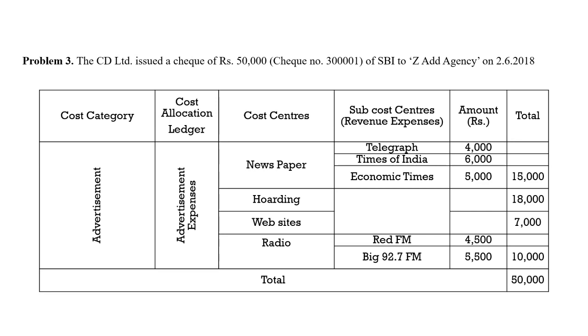In case of radio advertisement, I also consider sub cost centers called Red FM and Big 92.7 FM, where I have paid 4,500 for Red FM and 5,500 for Big 92.7 FM. As a whole, my total advertisement expense is 50,000.